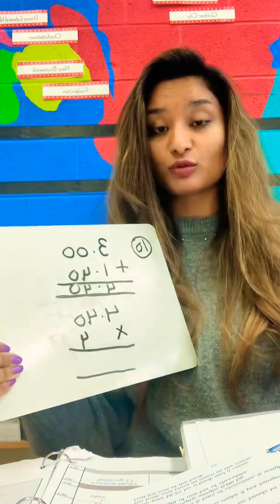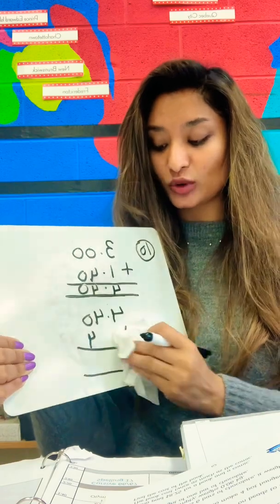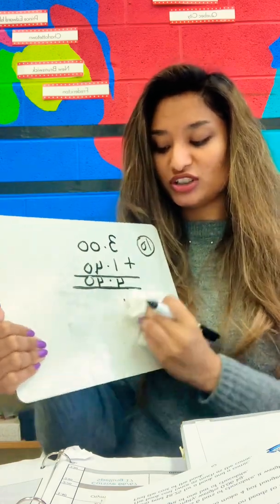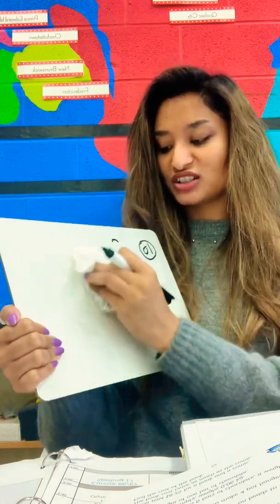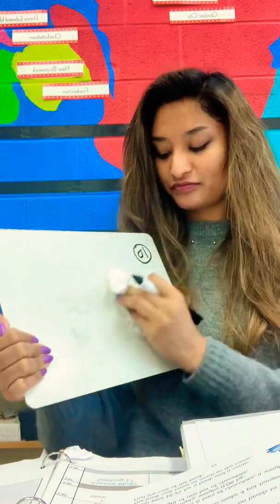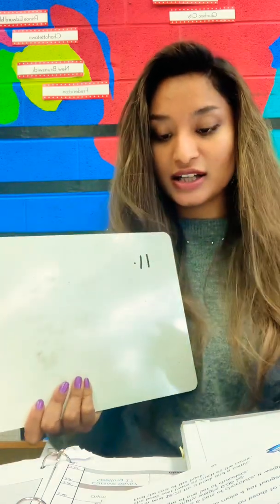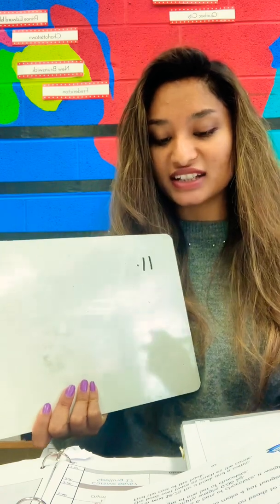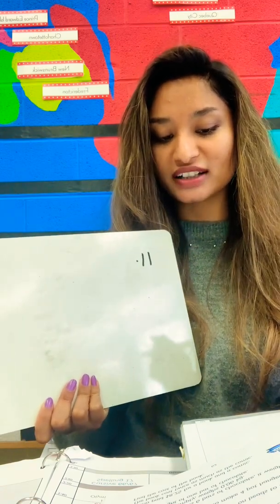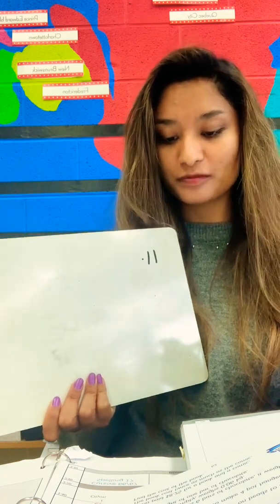We have 2 more questions left, and let's see what kind of operation we need to do for question 11. So let's go to question 11, and let's read it together. When a box contains 6 bars of chocolate, it weighs 2.34 kg.